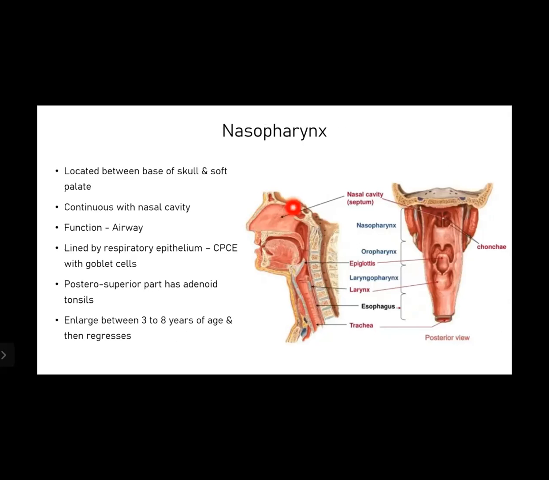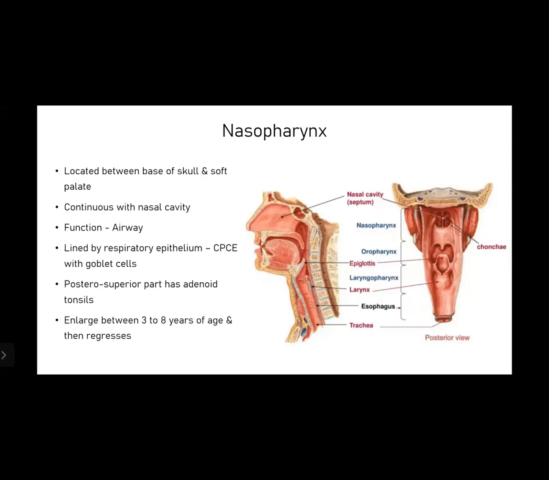The posterior superior part, which is this area, has the adenoid tonsils. So that's the area where you have the tonsils. The specialty about these tonsils is that they generally tend to physiologically enlarge between 3 to 8 years of age, and then generally they should regress in due course. But sometimes they fail to regress, and they may become pathologic because of collection of bacteria, and may become infective, and you may need to have them surgically removed.